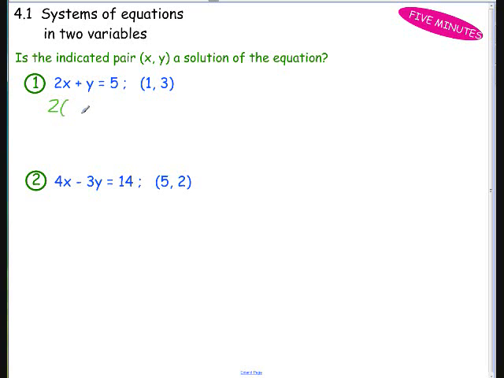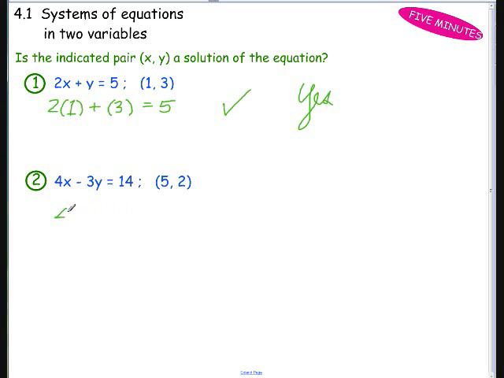So we have an x in this equation, and we have a y, and if the point is true, then I can substitute in the x coordinate, which is 1 for x, and the y coordinate, which is 3, and I will see that that is a true statement, and it is. So my answer here is yes, 1, 3 is a solution of the equation.